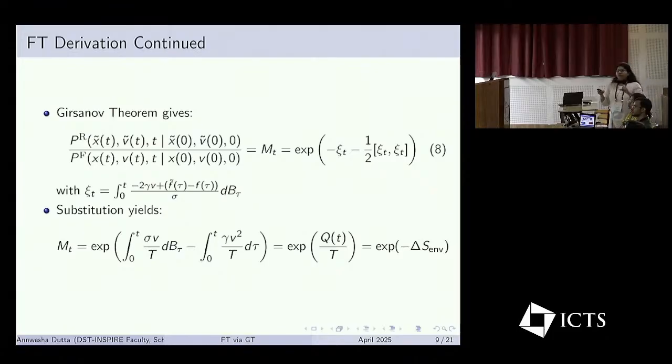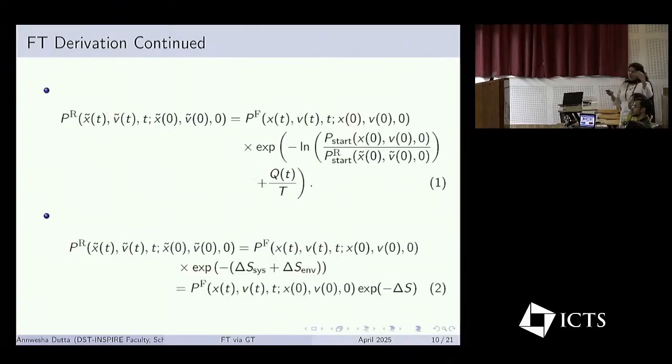Now, if we want to go back to the total probability density, then we have P_R, the total probability density for the reverse trajectory, and P_F, the total forward probability density for the forward trajectory.